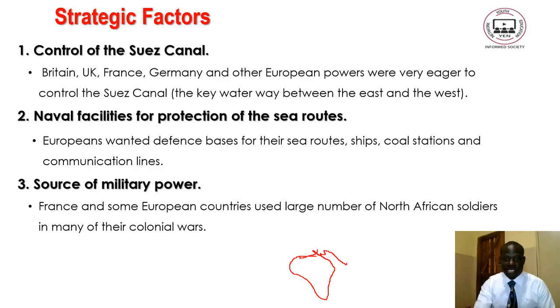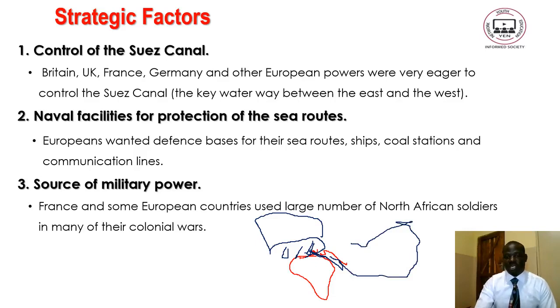That's where there is the Suez Canal. The Suez Canal joins the Red Sea and the Mediterranean Sea. Above the Mediterranean Sea is where we have Europe. And here we go to Asia.